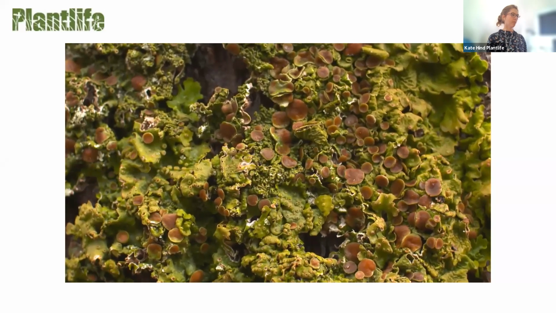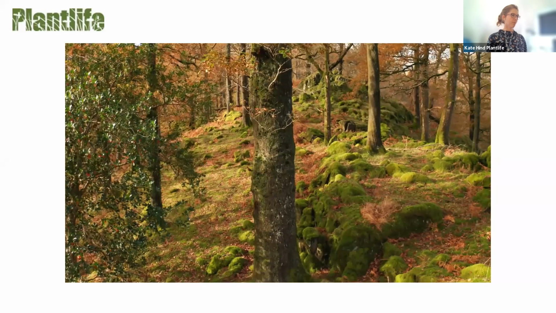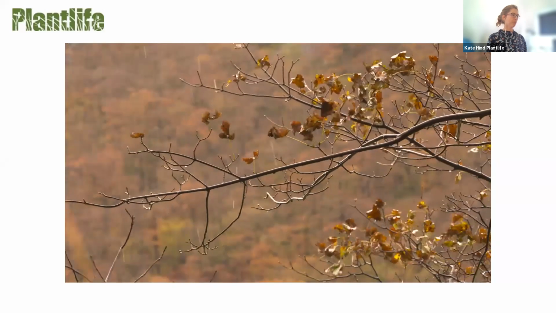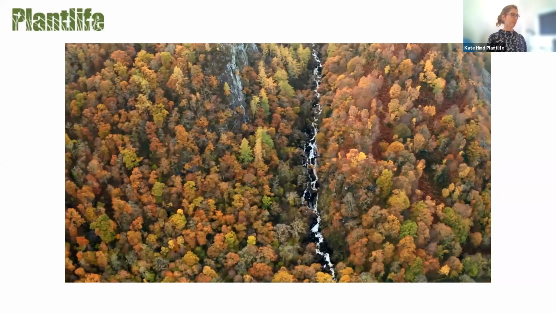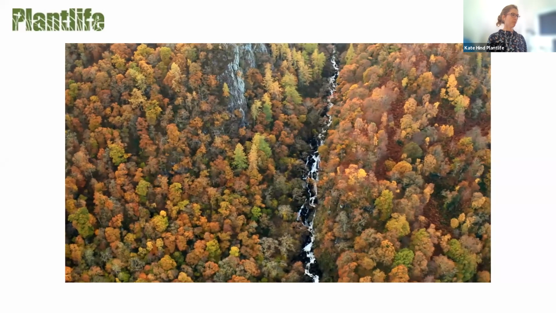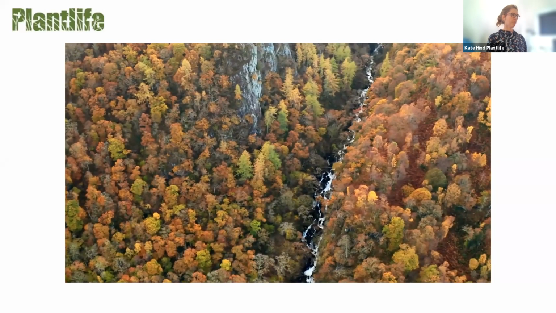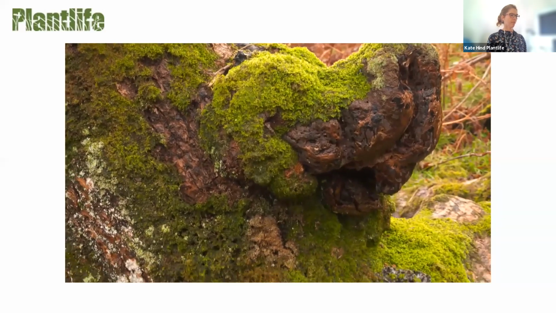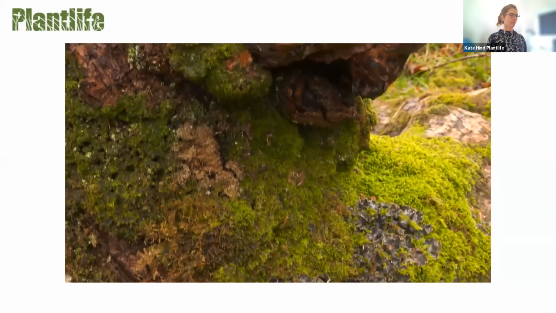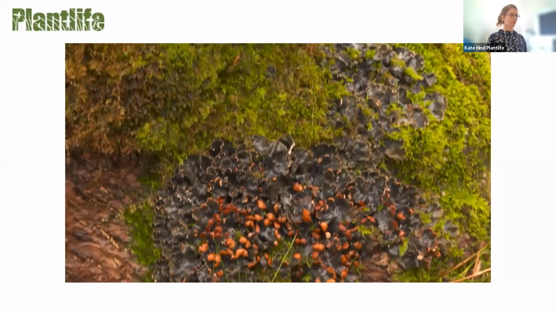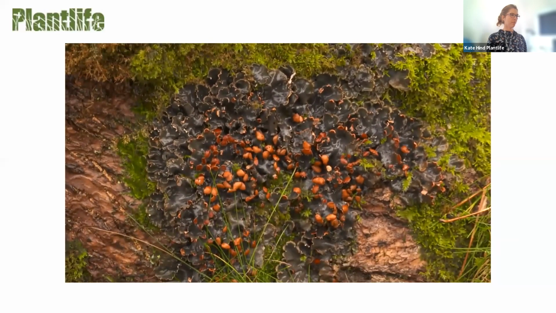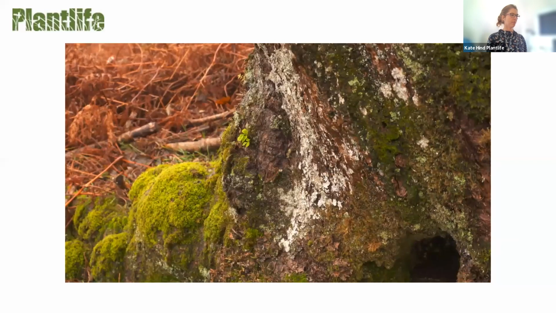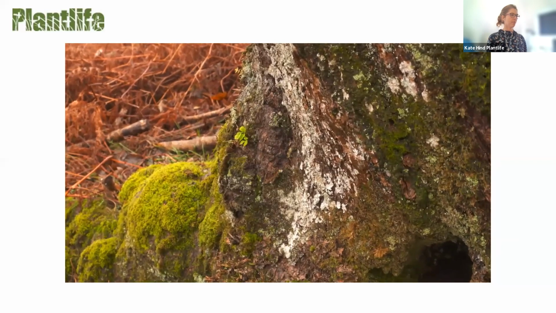Our temperate rainforests are one of the oldest living ecosystems, and this long history, plus a good dosing of rain, results in these spectacular habitats. But what truly defines them are these amazing little life forms: lichens, mosses and liverworts. And it's these organisms that make these places so special and of international importance.